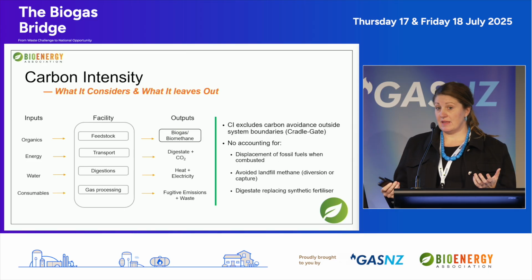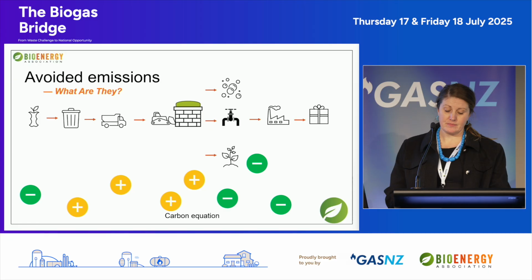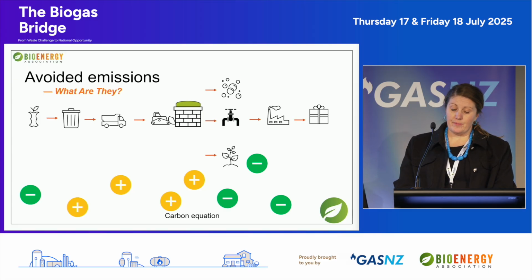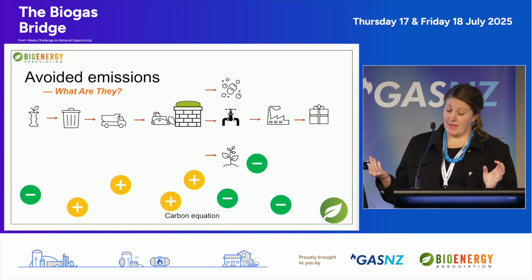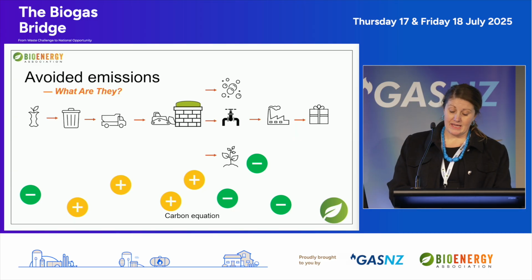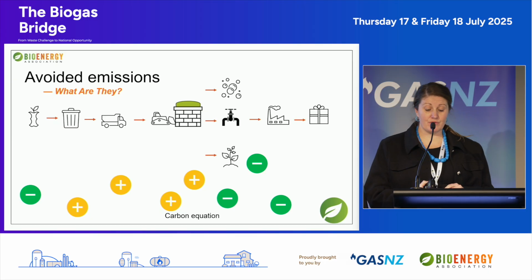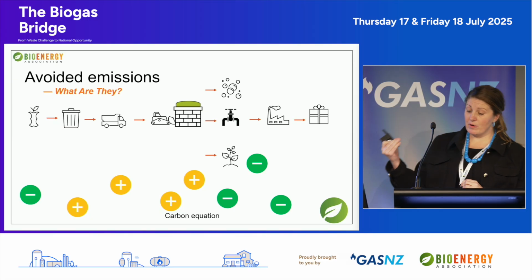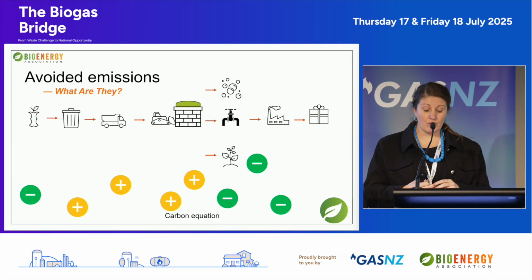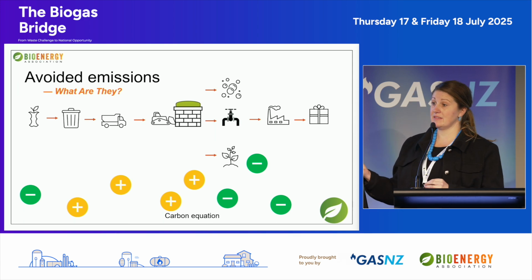So that comes into the question about what are avoided emissions, and why do they matter? These excluded factors can still be valuable. Carbon avoidance and avoided emissions refer to the emissions that would have occurred in a counterfactual or business as usual situation, as opposed to how they're being utilised.